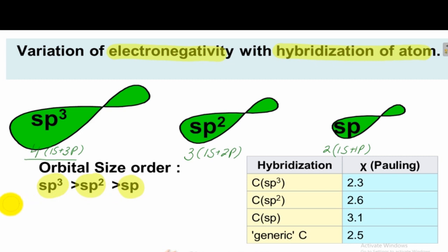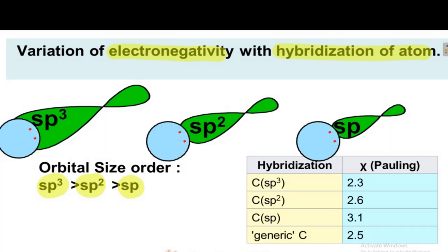As we know, electronegativity changes with the change in size of the orbitals participating in the chemical bond. In the case of bigger orbitals, the shared pair of electrons moves away from the nucleus of the hybridized atom.